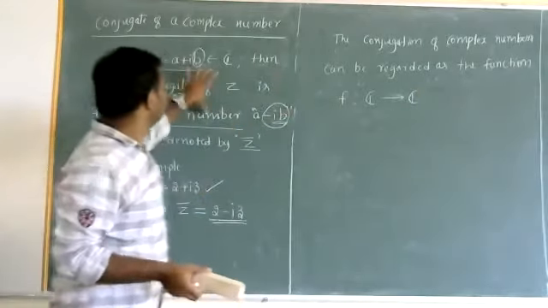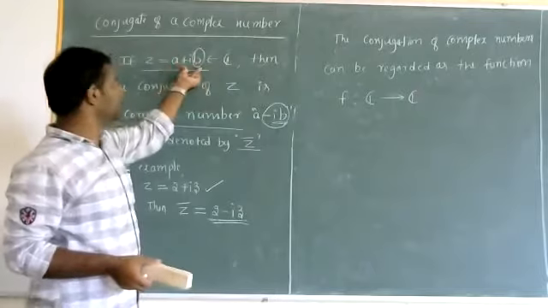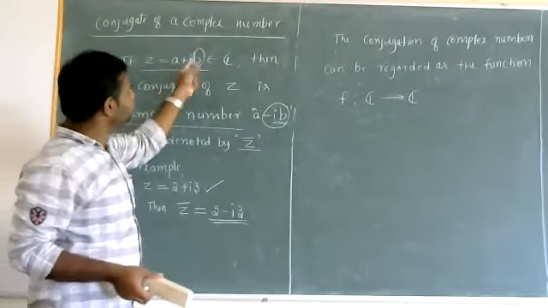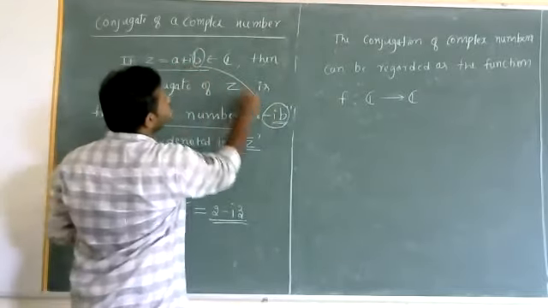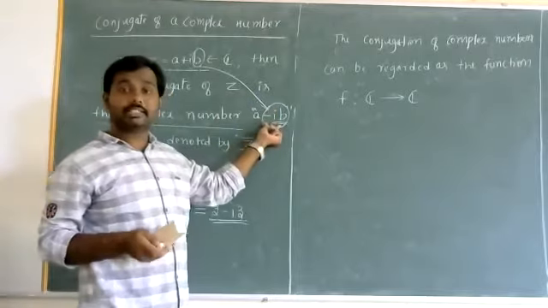Because what this conjugation is doing, it takes a complex number and associates to it another complex number.